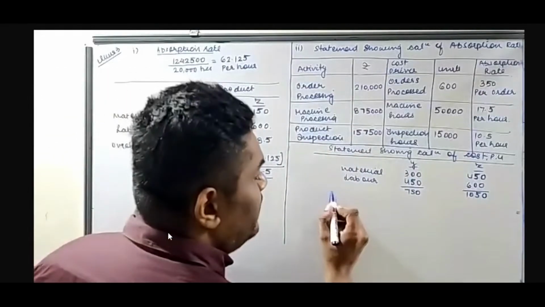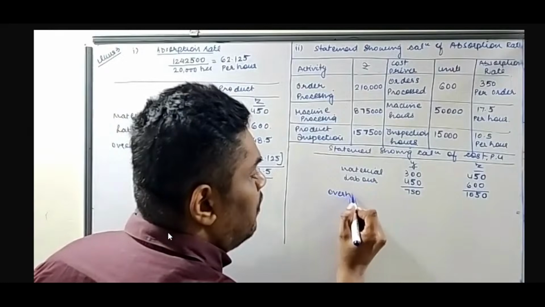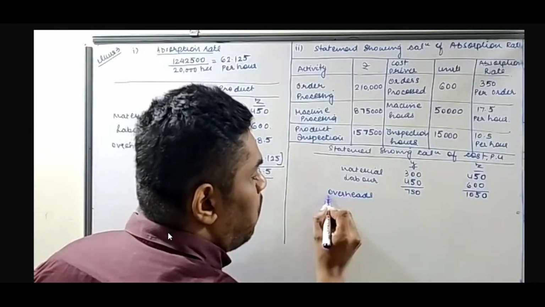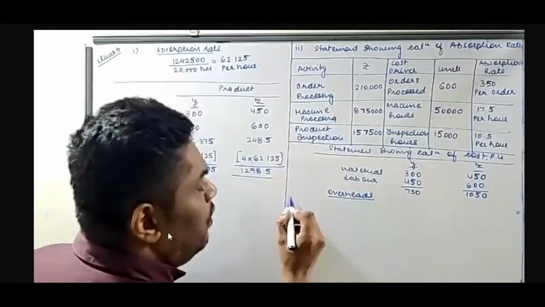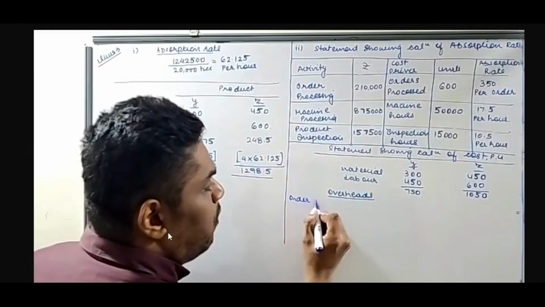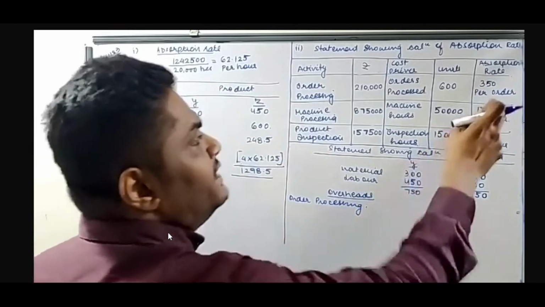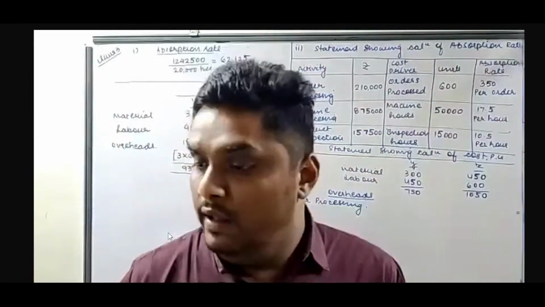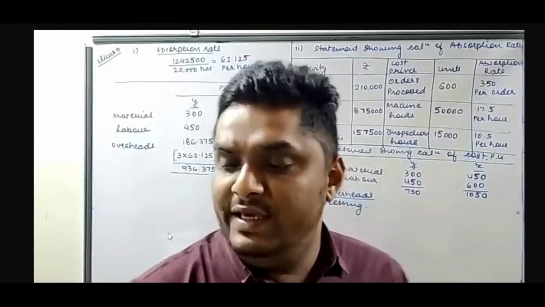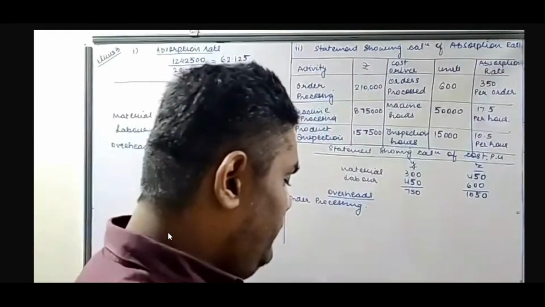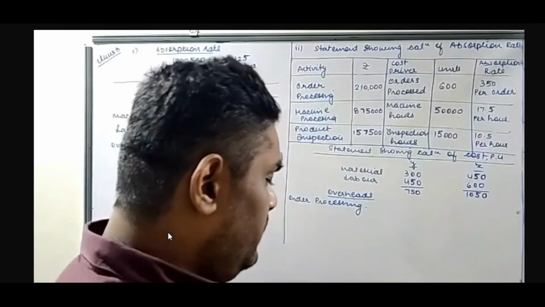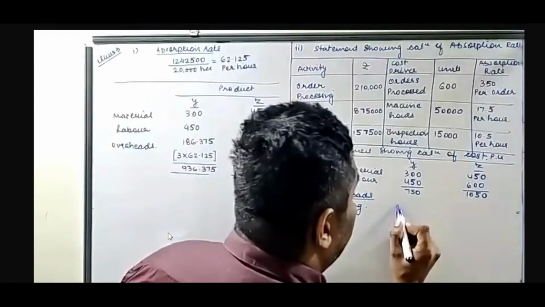Now let's calculate the total overheads. First one is order processing. It is 350 per order, and the number of orders for Y is 350. So 350 into 350, this will be 122,500.